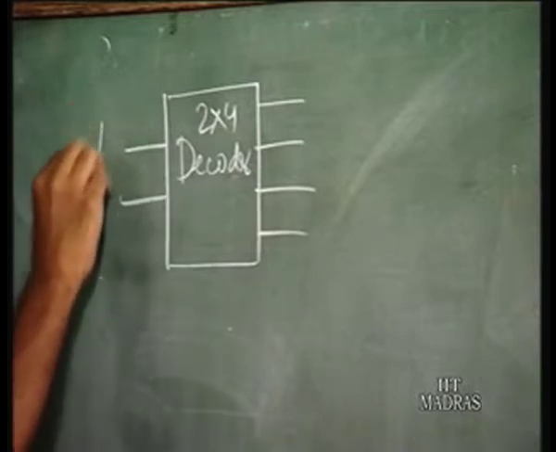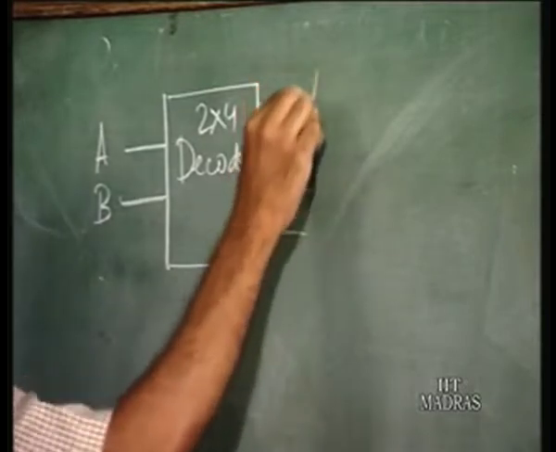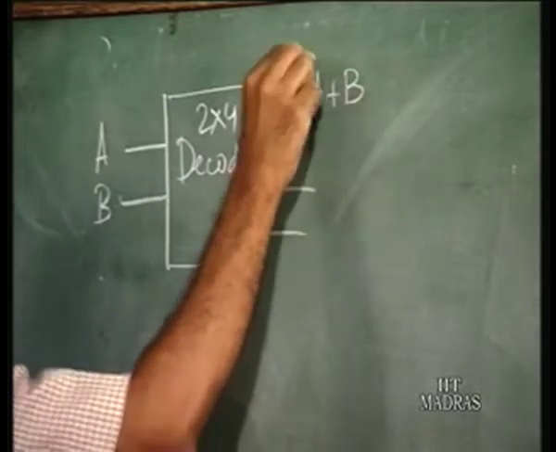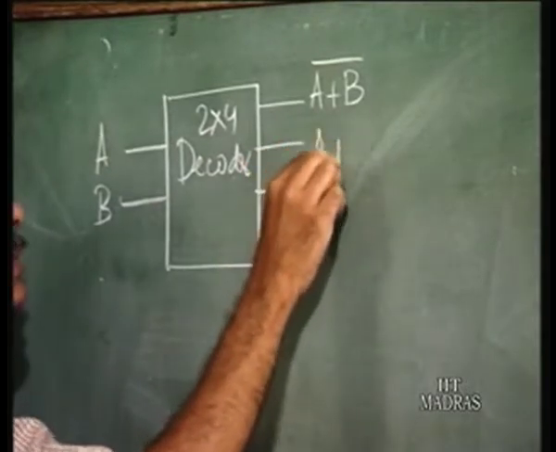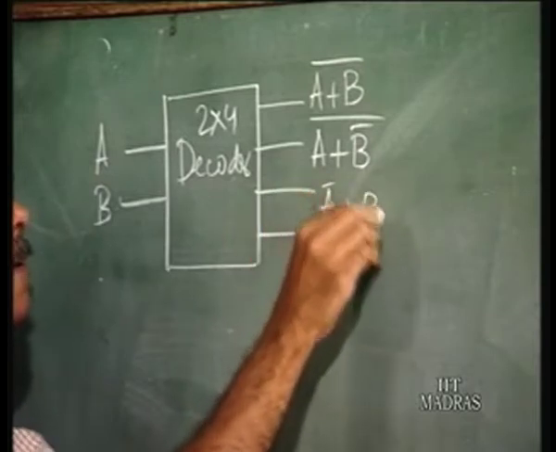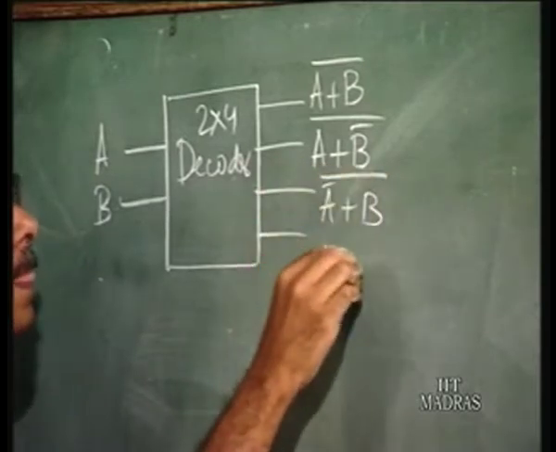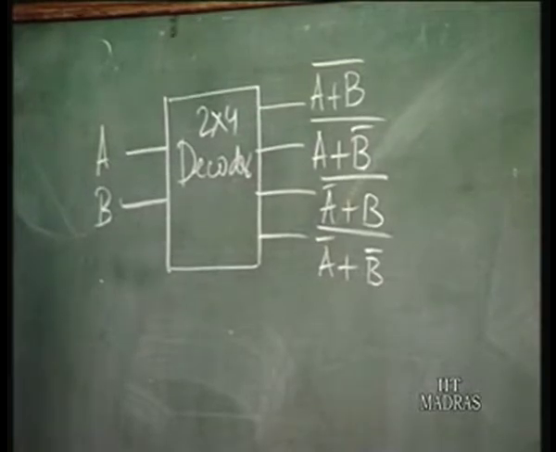So, suppose I call these inputs A, B. The outputs here, you can write them as NOR gates. A plus B bar. So, all the 4 possible combinations.